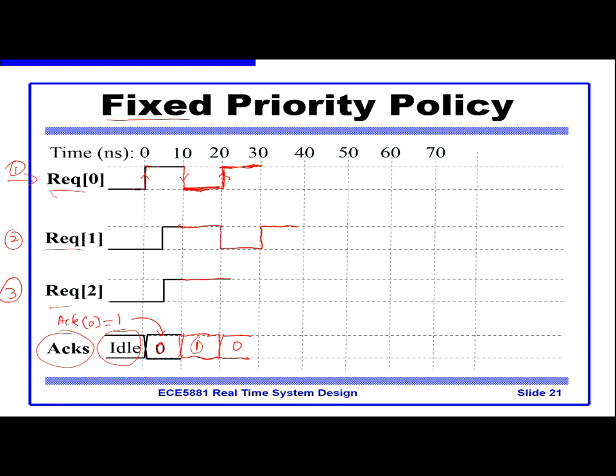So that then allocates the output acknowledge of 0 becomes a 1, and again request 0 will drop here. Okay, so the assumption is we only do this twice, just to make it simple.